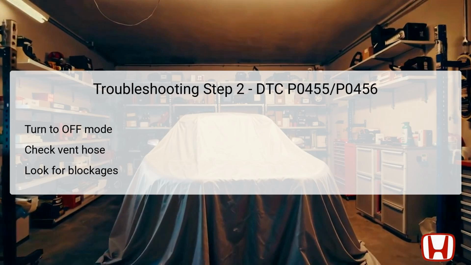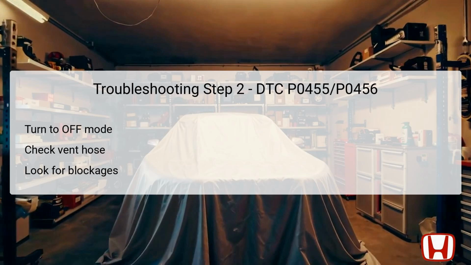In this step, the next phase of troubleshooting begins by turning the vehicle to the off or lock mode. Once in this position, remove the EVAP canister vent hose from its connection. A thorough inspection of the vent hose is then conducted to ascertain whether there is any blockage or restriction present.